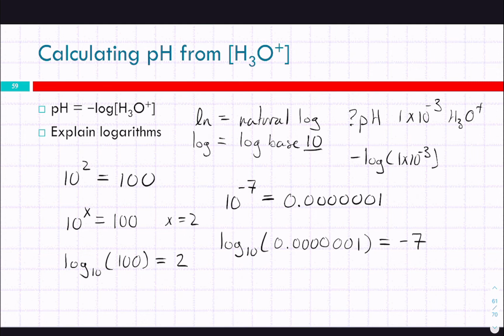Type that into your calculator, and when you hit enter, it will give you 3. When the coefficient is 1, you can do those easily, because the negative log is always going to be whatever the exponent is. If this is something other than 1, then you can't do it in your head. You have to type it into the calculator, because it'll give you some decimal exponent.